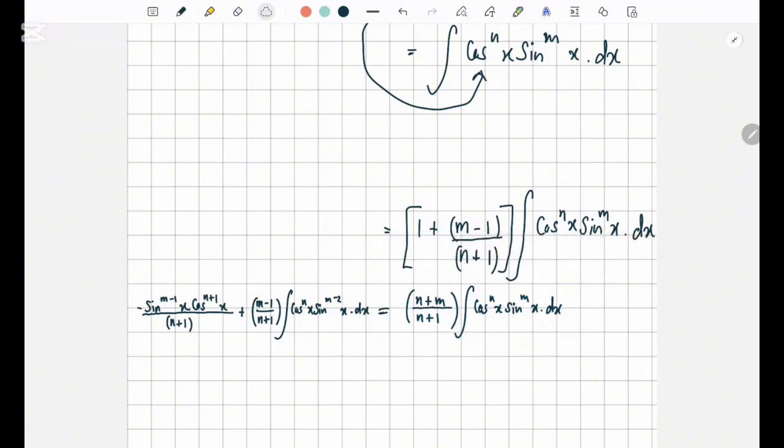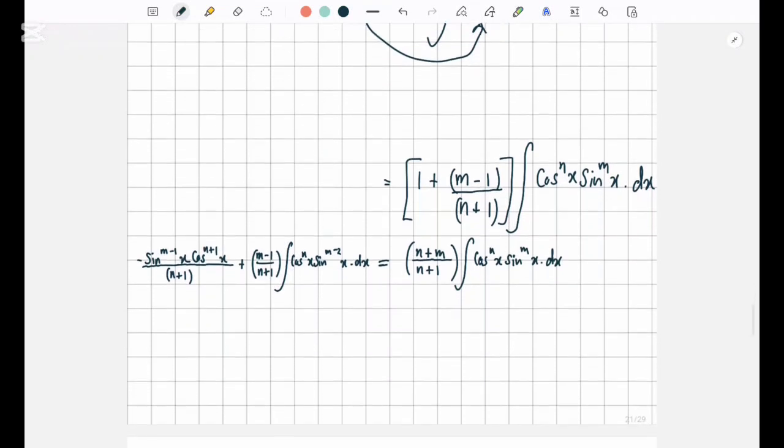I hope you all understood. Now, this is what we have. Now all we have to do is divide both sides by n plus m over n plus 1.